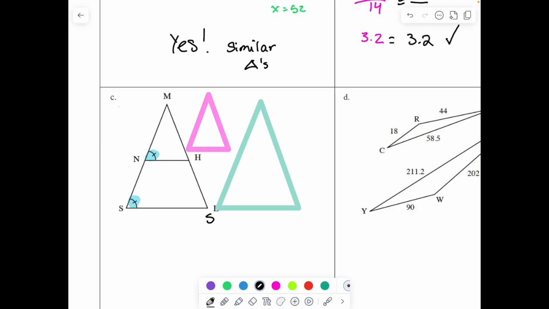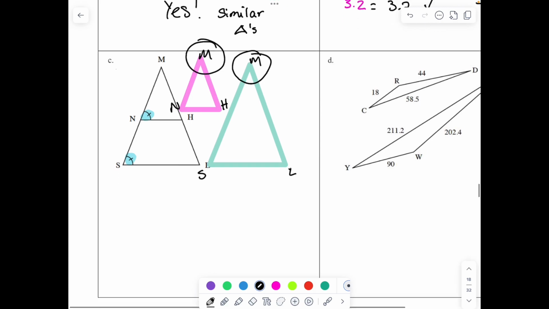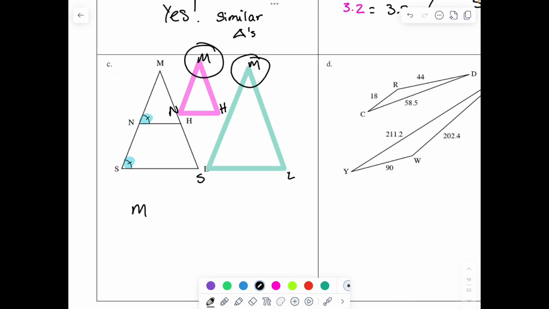If we label the angles, we have S, L, and M, and then this one is N, H, and M. What I want you to notice is that both of these triangles have angle M at the top. Wouldn't it be reasonable to say that angle M is equal to itself, right?